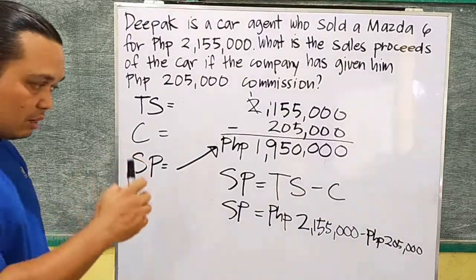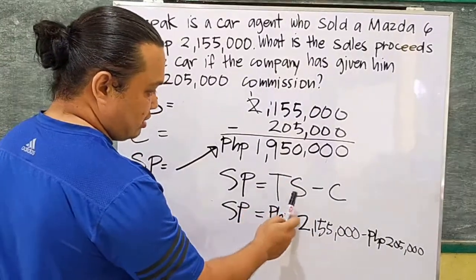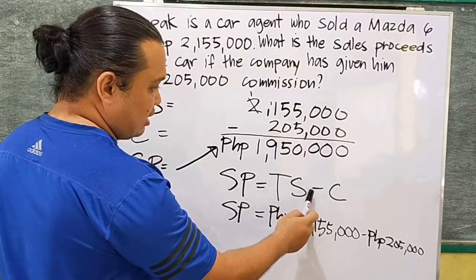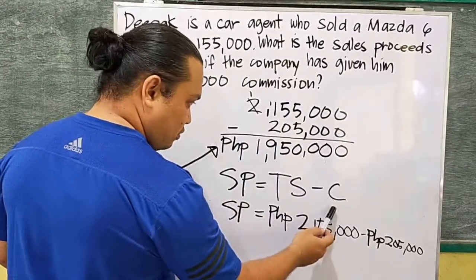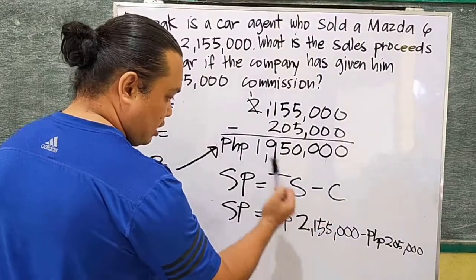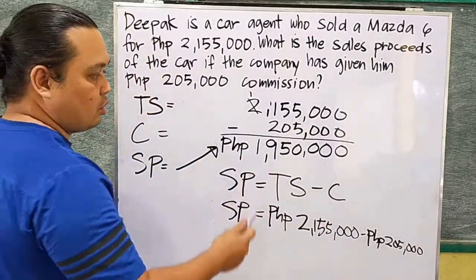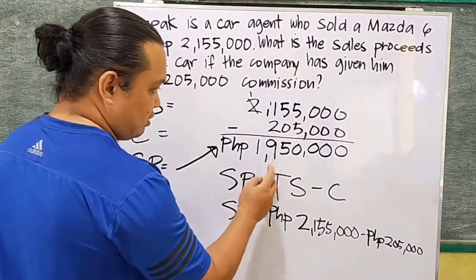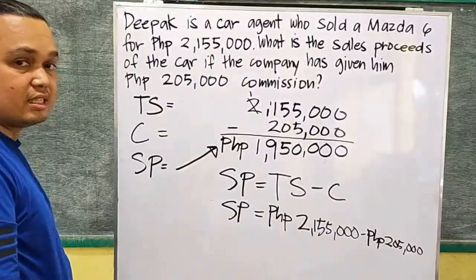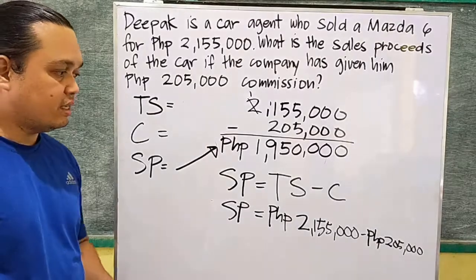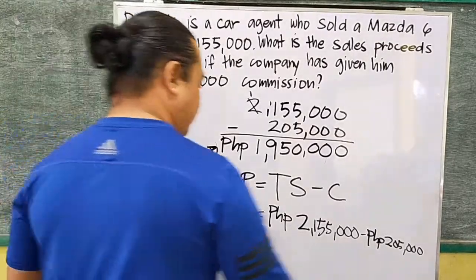Just subtract the commission from the total sales. And our answer is 1,950,000. And this is our sales proceeds. Okay, so let's have some more examples.